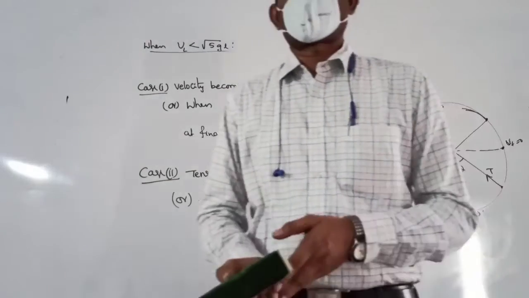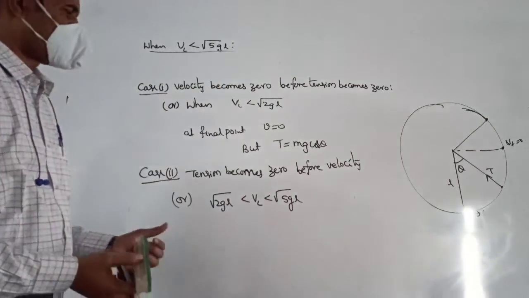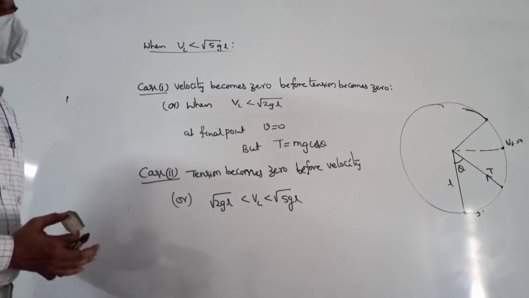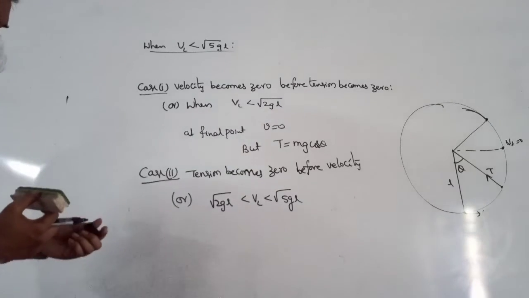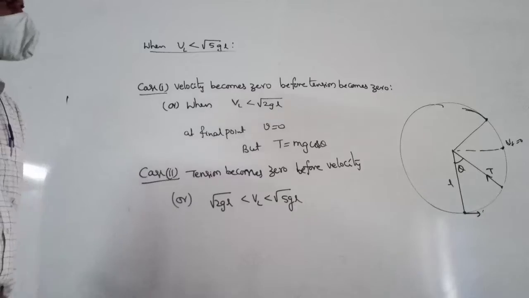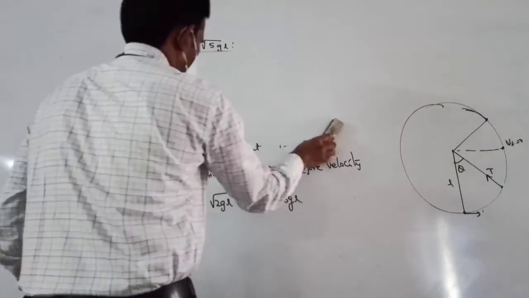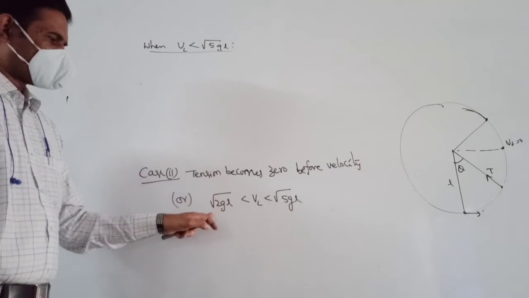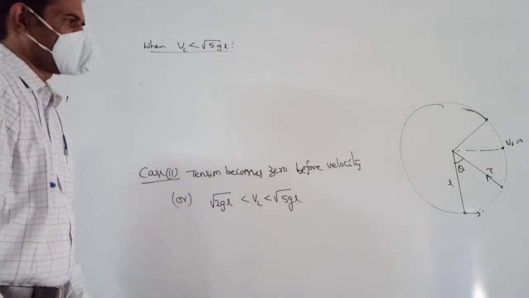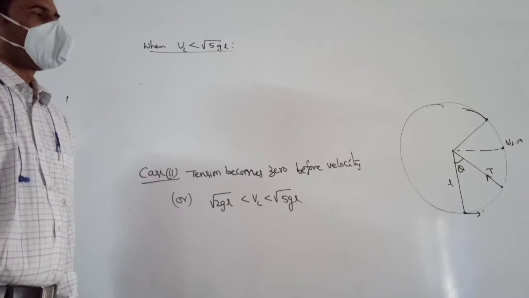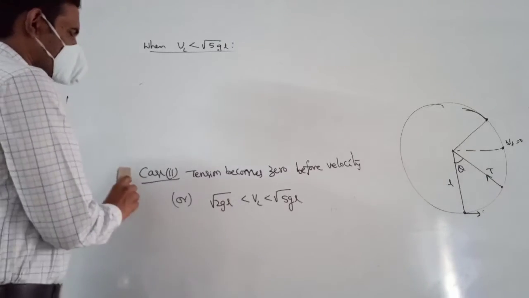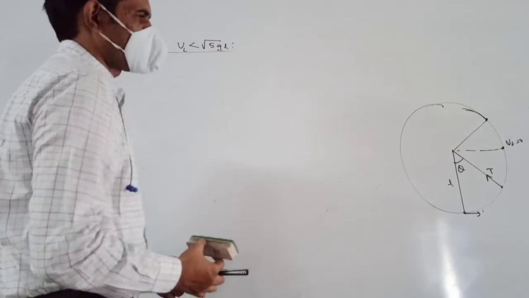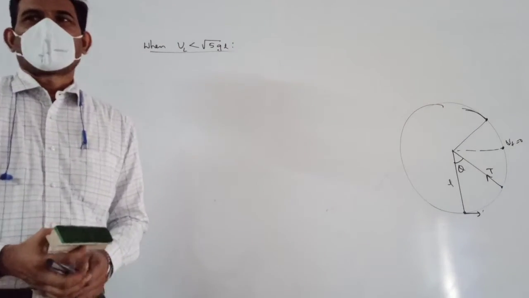When the velocity of the object at the lowest point is, mention this, root 2gL less than vL less than root 5gL, then the object can cross the horizontal position, but it cannot complete the vertical circle.